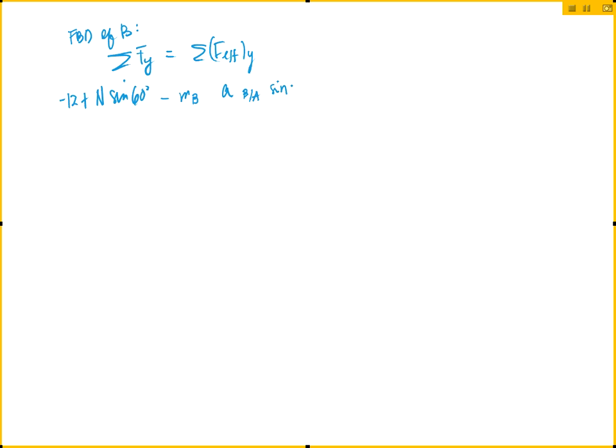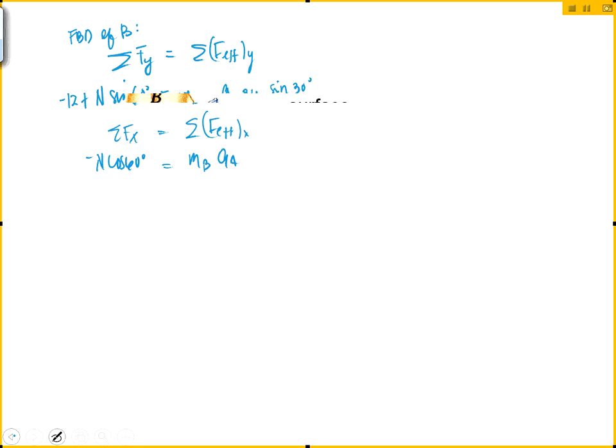So acceleration of B relative to A times, what's this, sine 30 degrees. And then along the horizontal, summation of forces along X equals summation of effective forces along X would give me, what, minus N cosine 60, which must be equal to m_B times a_A.